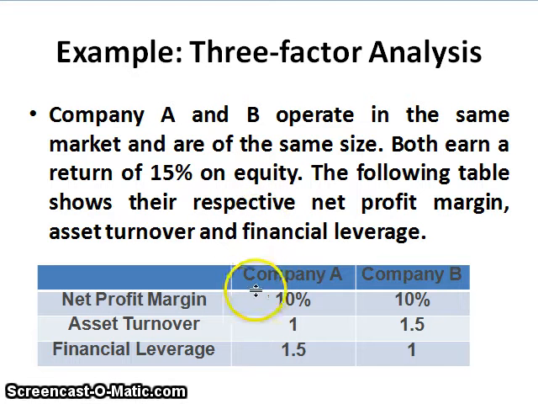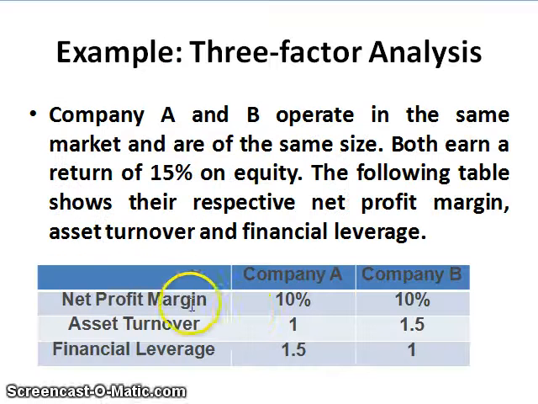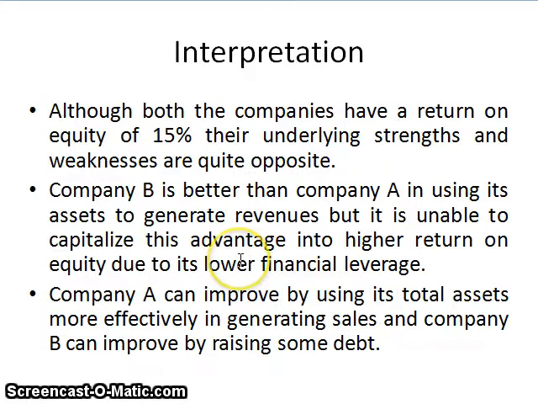Now we'll see how this DuPont analysis, the formula which we have seen, net profit upon revenue, revenue upon total assets, and total assets upon equity, that is net profit margin, asset turnover, and financial leverage, affects companies A and B, and we'll interpret the results.